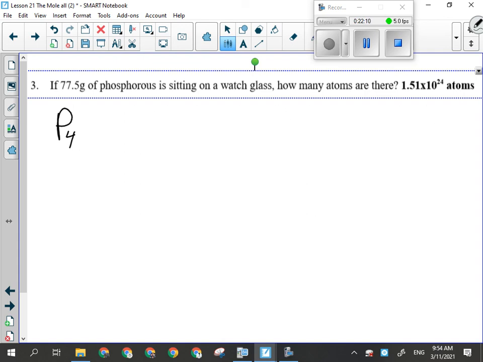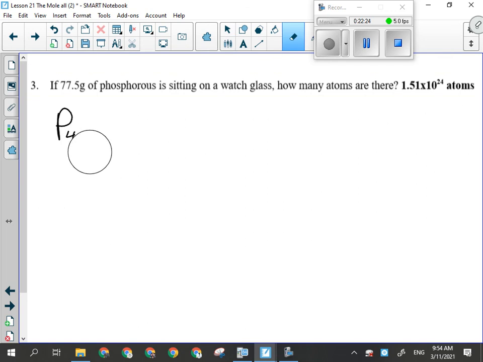That's why on the periodic table it's called atomic mass versus molar mass. The molar mass of P4 would be 30.97 times 4, right? But if I want to find out how many atoms there are, I'll use the atomic mass, the mass of one atom, which is 30.97 grams per mole.